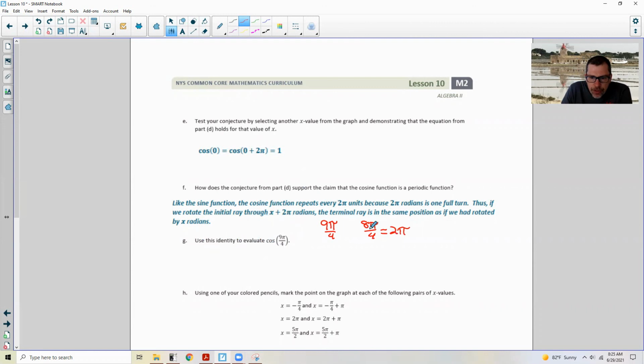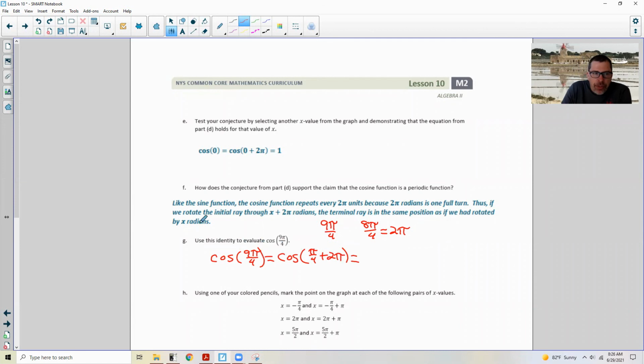So there's my value, and I had to take 1 pi over 4 away to get this. So I would say the cosine of 9 pi over 4 equals the cosine of pi over 4 plus 2 pi. This is equivalent to 2 pi, and 8 pi over 4 plus 1 pi over 4 is 9 pi over 4. So these two are equal right here.